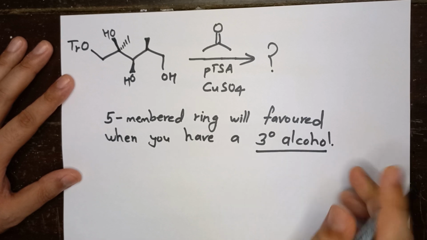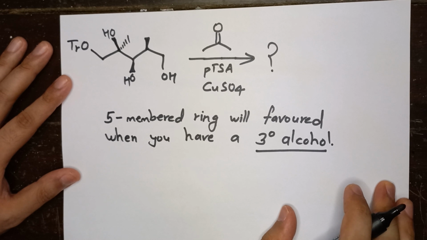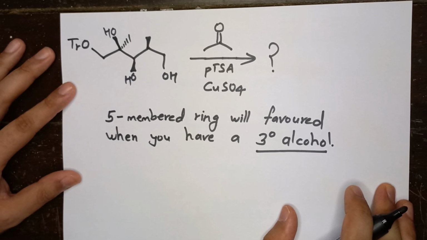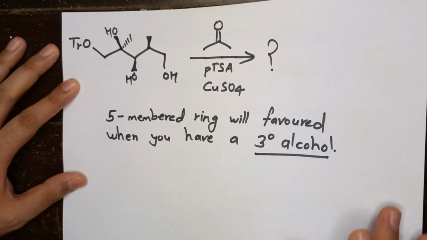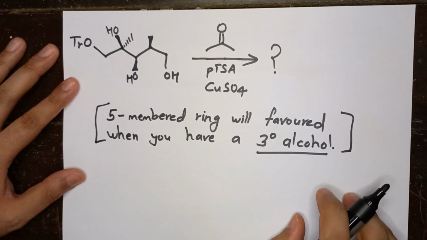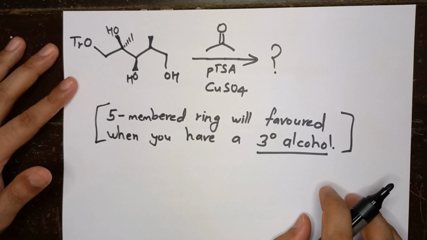So you know what a 3-degree alcohol is. I have discussed this in detail in my previous video on protection and deprotection of the alcohol functional group. Here we are talking about diols, so you need to know this. The 5-membered ring formation will take place when we have a 3-degree alcohol.